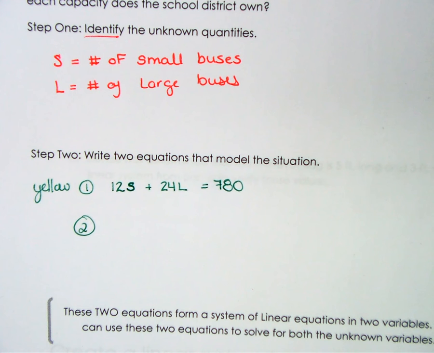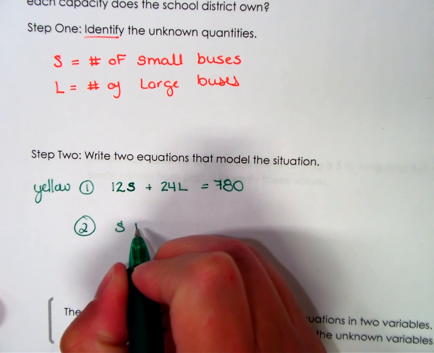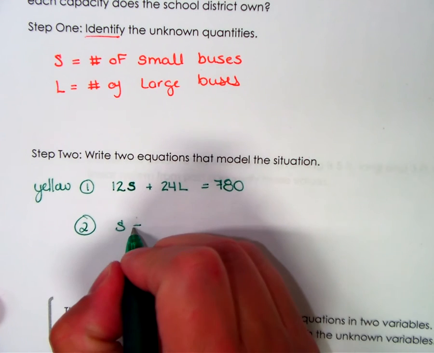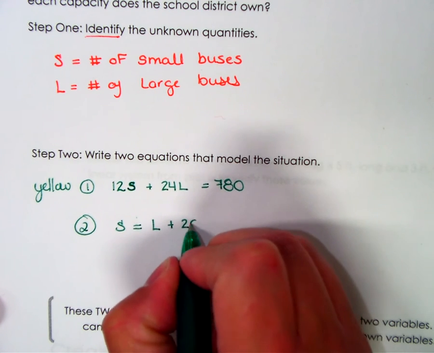There are 20 more small buses than large. So who's got more buses, small or large? Small. So we know that the number of small buses is equal to the large buses plus 20.